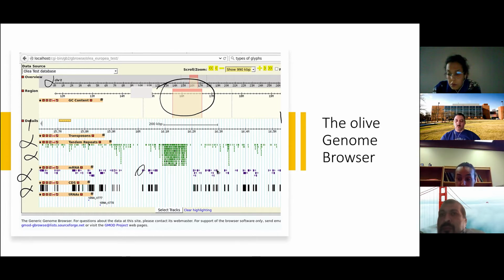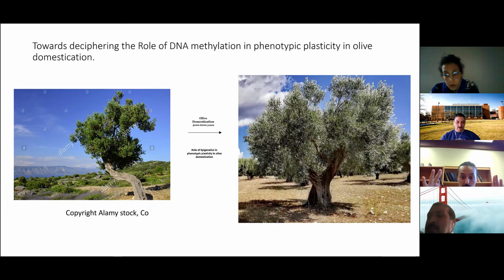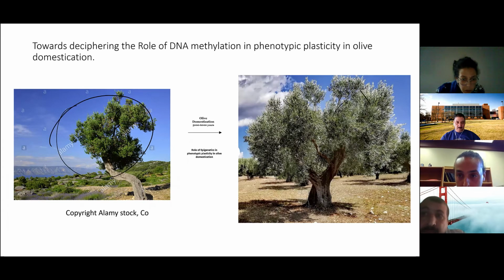So this is how we started. I was like, maybe we can look at the DNA methylation and see if we can find any different kind of regulation. And this is what we did. So how can we, in 5,000 years, or probably more, go from this to this?